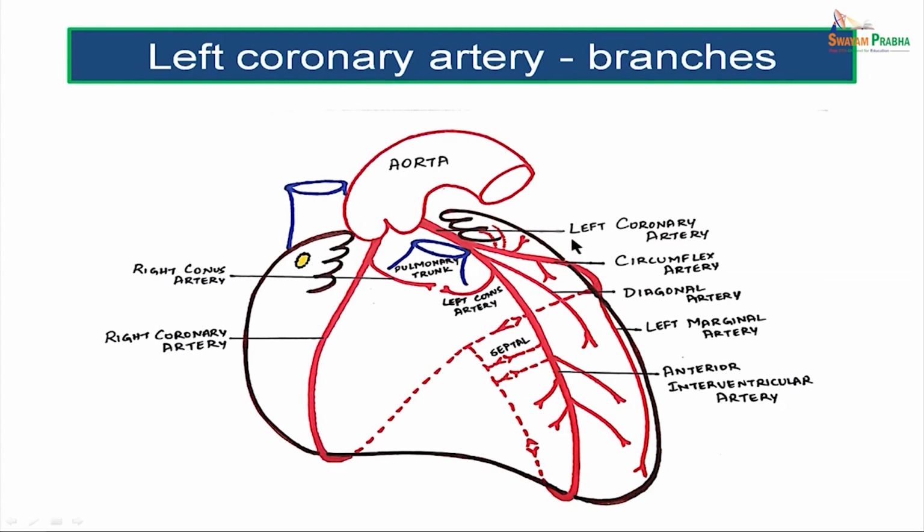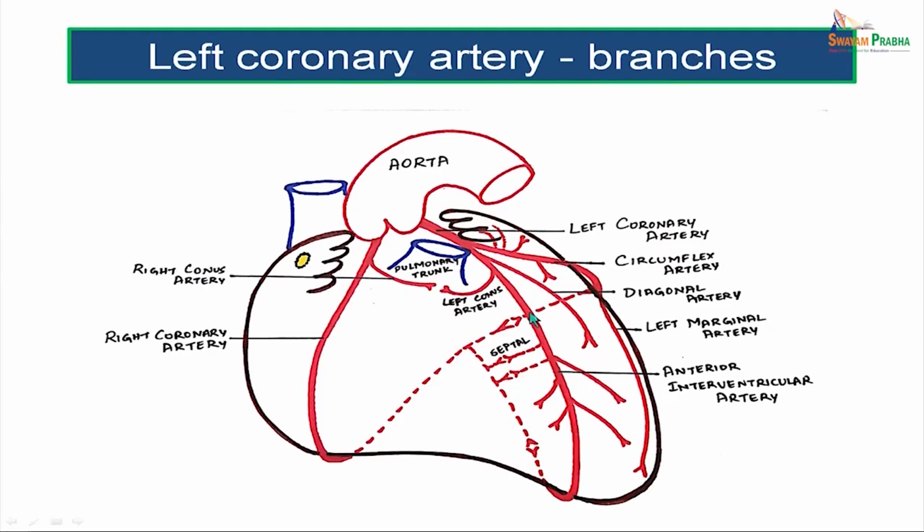The circumflex branch then winds round the left margin of the heart, reaches the posterior part of the atrioventricular sulcus and ends by anastomosing with the right coronary to the left side of the crux of the heart. When it is doing so, it will be supplying the posterior surface of the left atrium and the posterior surface of the left ventricle.